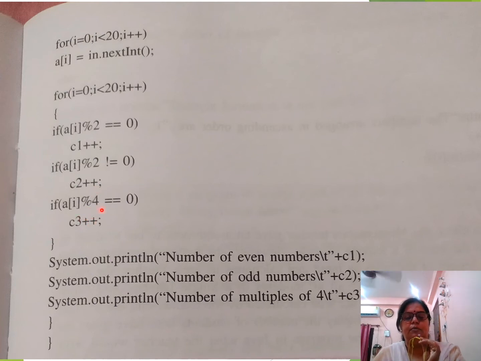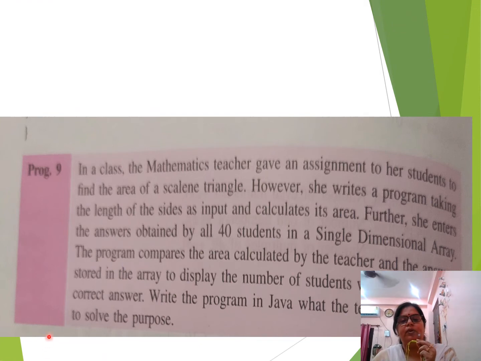And if the remainder comes 0 on dividing by 4, then it is a multiple of 4. See here, all three things are there, then we have printed them. Beta, you all have to write the variable description. In this program the variable description is not written, but in each and every program you all have to write your variable description below.